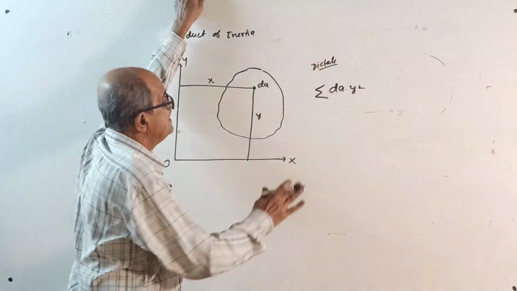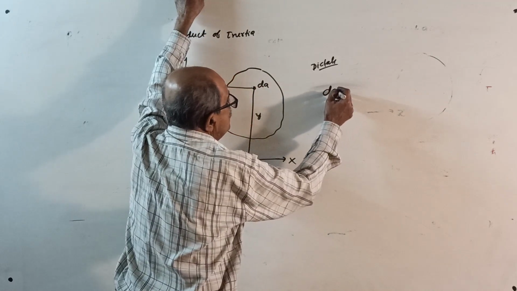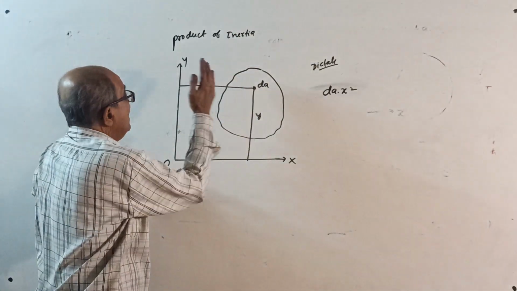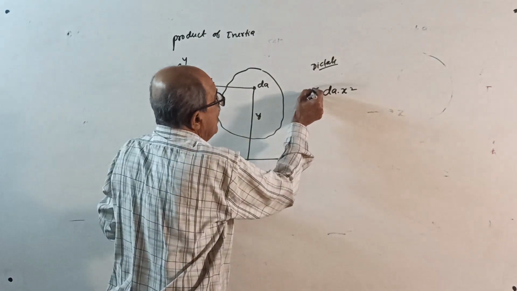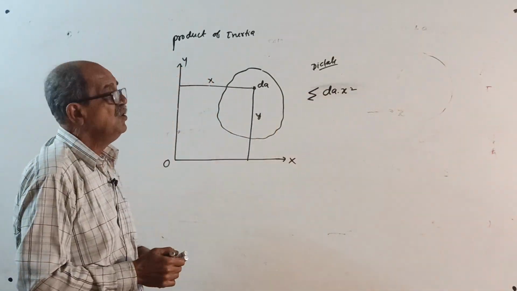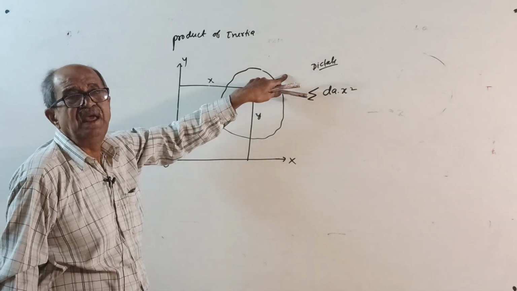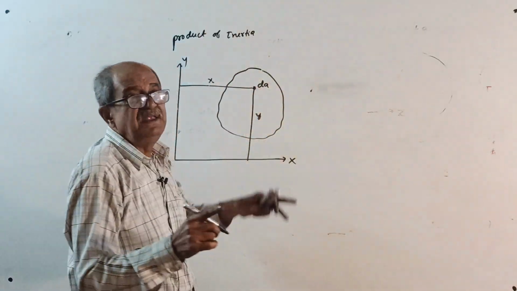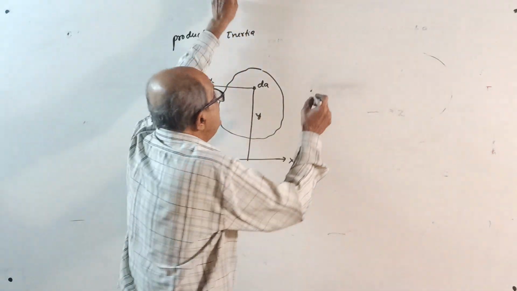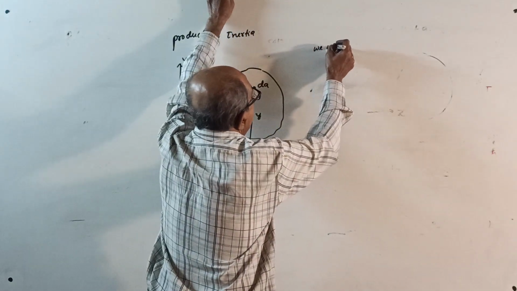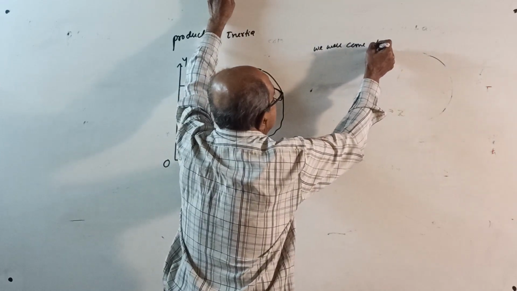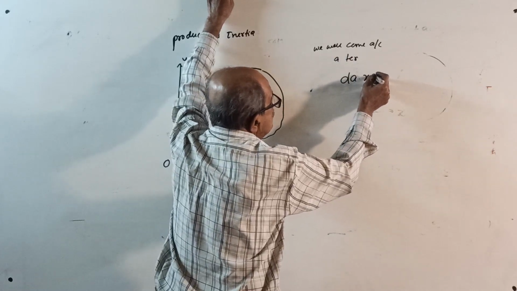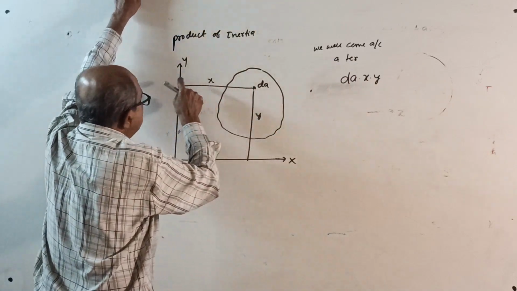You know it. Then write: dA into X square will give the moment of inertia of the elemental area about OY axis. Sigma or integration of that will give the moment of inertia of the entire area about OY. But in some structural engineering subjects or chapters, we will come across a term dA into x into y, area into x distance into y distance.